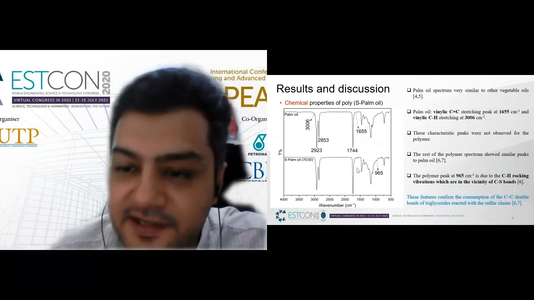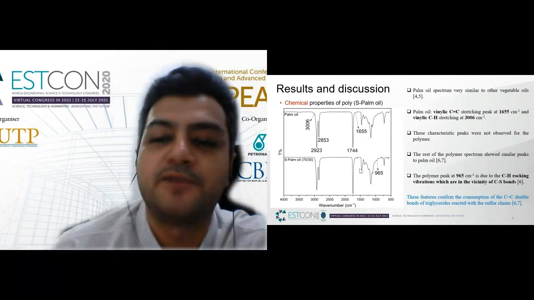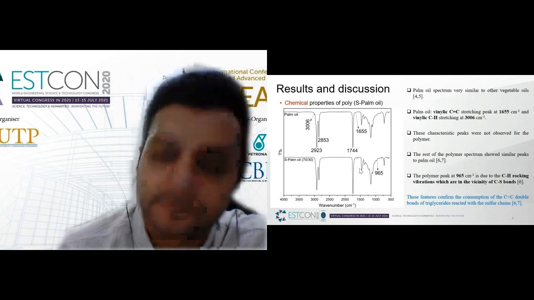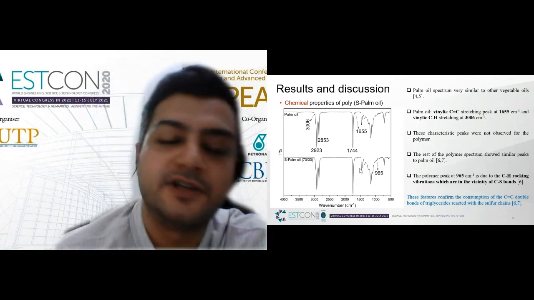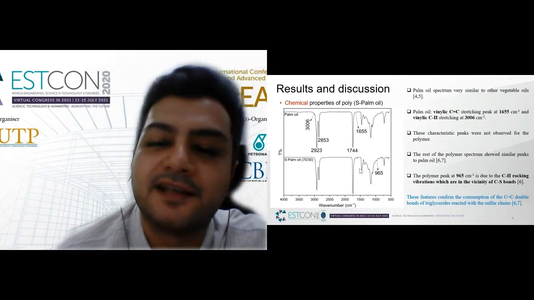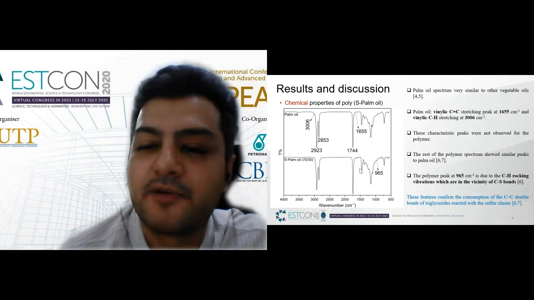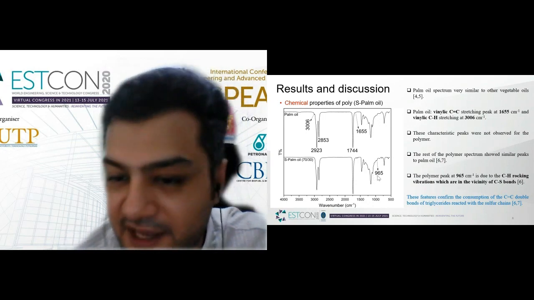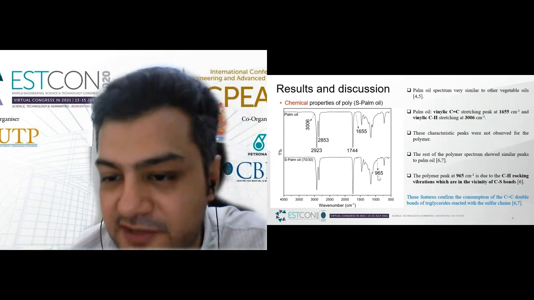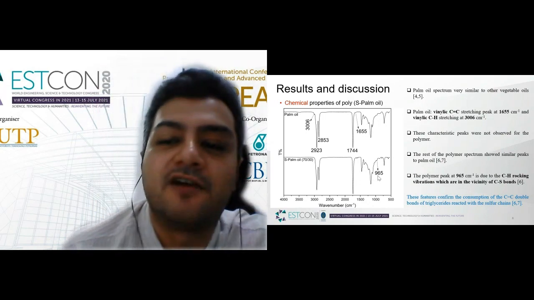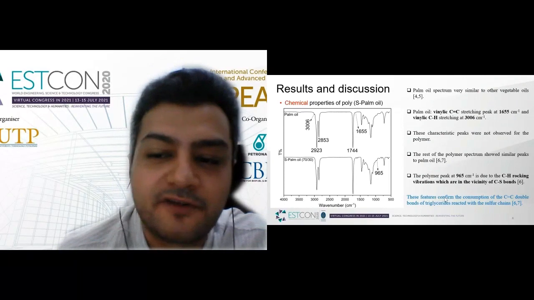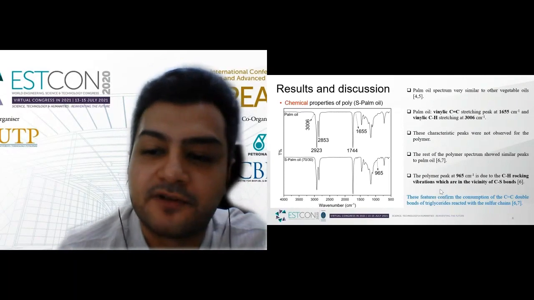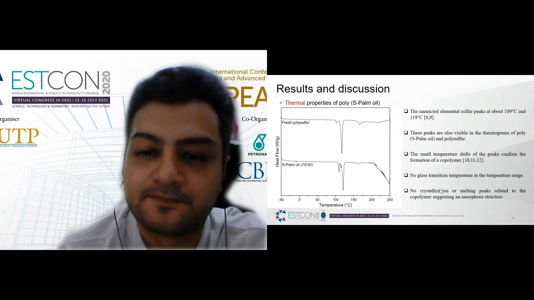Both of these peaks cannot be observed in the case of the polymer, suggesting that all the vinylic bonds have reacted and are in the polymer structure. Also, the very small peak at 965 in the polymer is due to CH vibrations in the vicinity of the C-S bond. All these features confirm the consumption of the C=C double bonds of the triglycerides, which reacted with the sulfur chains.